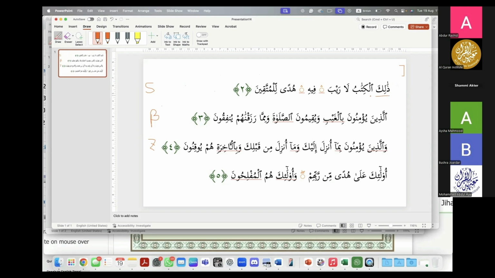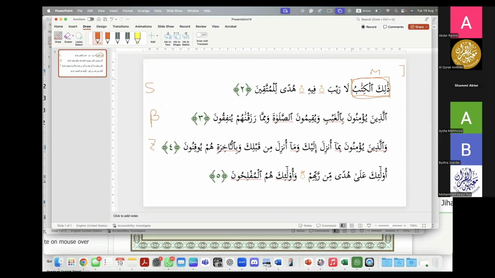So this is a murakkab ishari. Together they can be mubtada. We will not split. Some people will also say it's correct, but whatever, a murakkab together, two words together is a mubtada here.